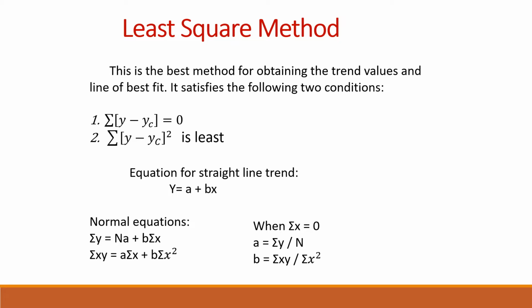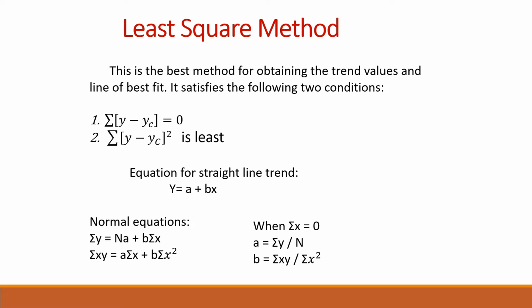The second one is when the deviations are squared and then added, the value will be least as compared to other methods of measurement of trend. It satisfies these two conditions.